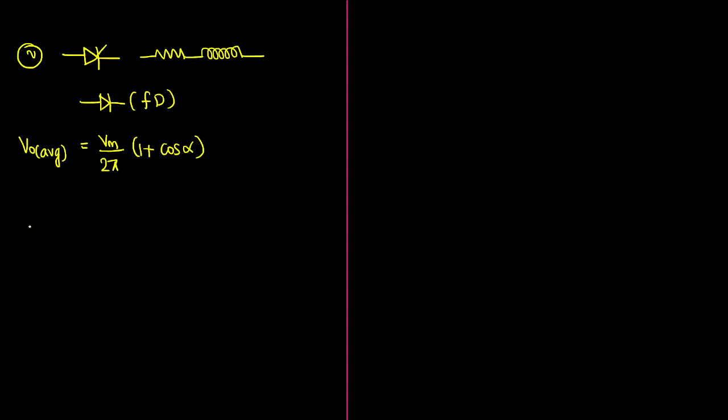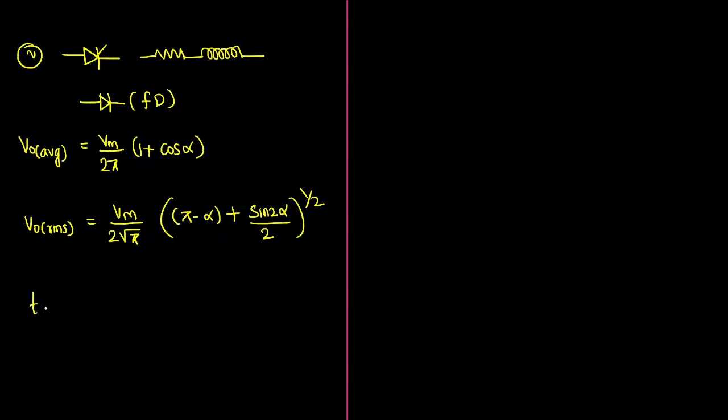Okay, sir. Next, as usual, what is the formula to estimate the value of V0 RMS? It will be Vm by 2 into root of pi, in brackets as usual (pi minus alpha plus sin 2 alpha by 2) whole power 1 by 2. This is the expression for output RMS voltage.